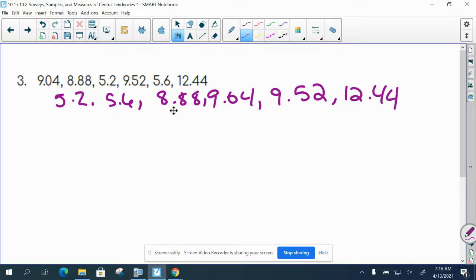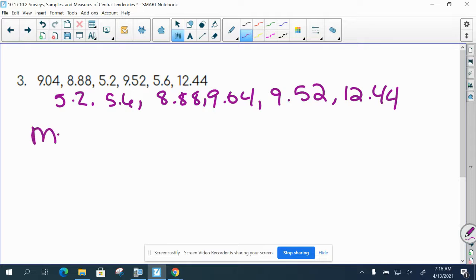All right, so for outliers, considering that you have 5.2 over here and then 12.44 over here, I wouldn't consider either of these outliers because they're the same distance away. And there's a way you can tell if there's an outlier or not using the IQR. And in this case, 12.44 and 5.2 are not outliers.